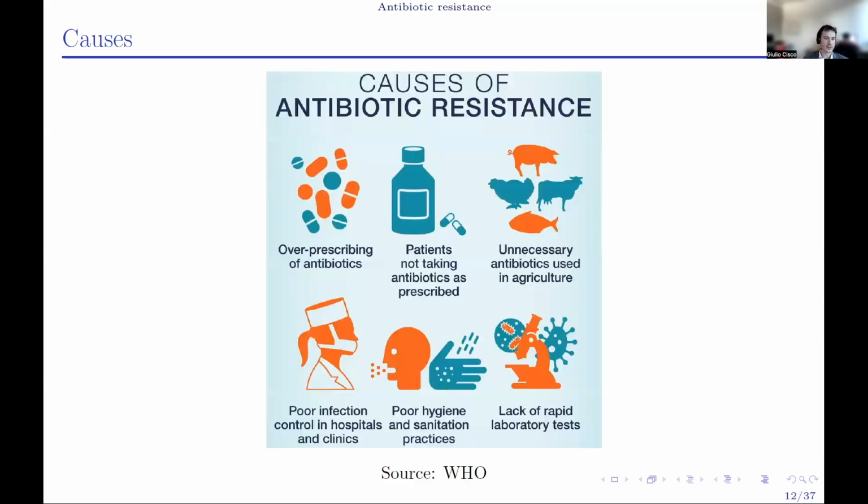Here I put this nice table to summarize the main causes of resistance. As I said, overprescription is the main one, but of course also not considering the right indication by the physician is also a problem.